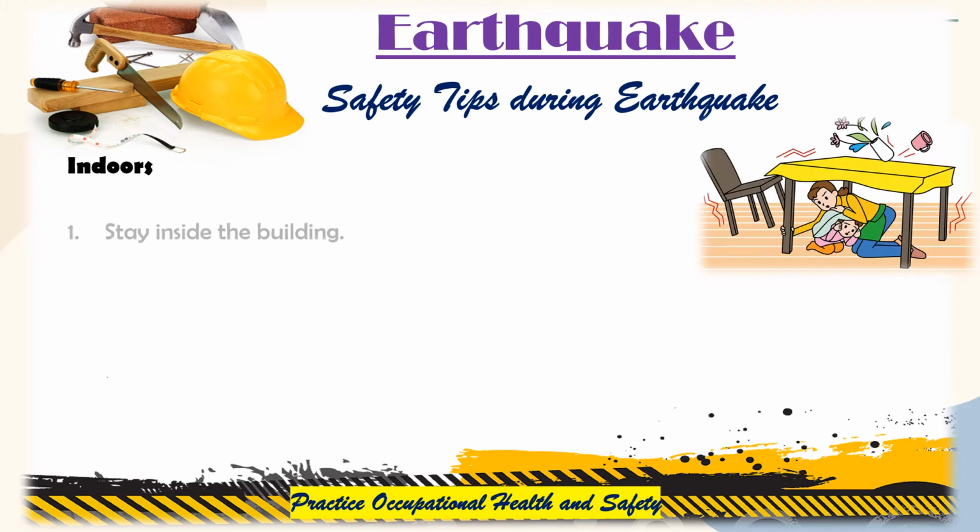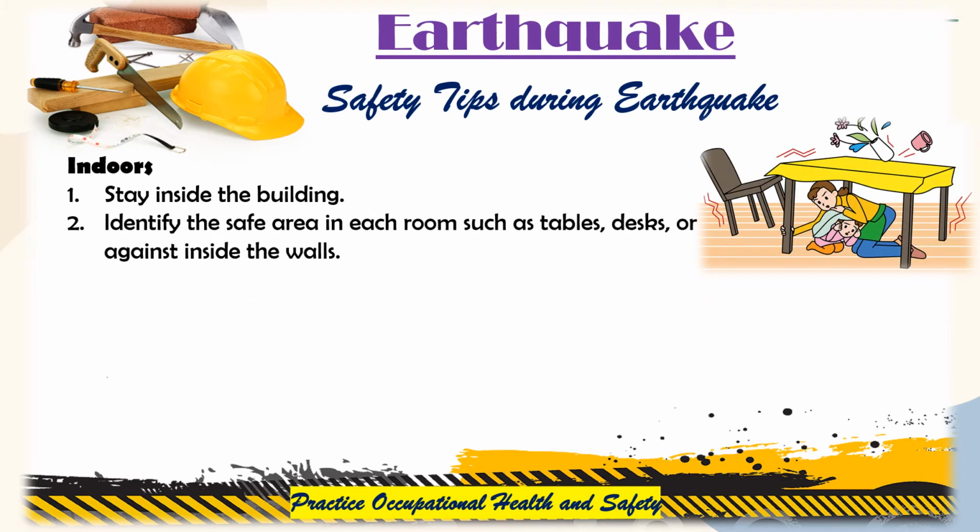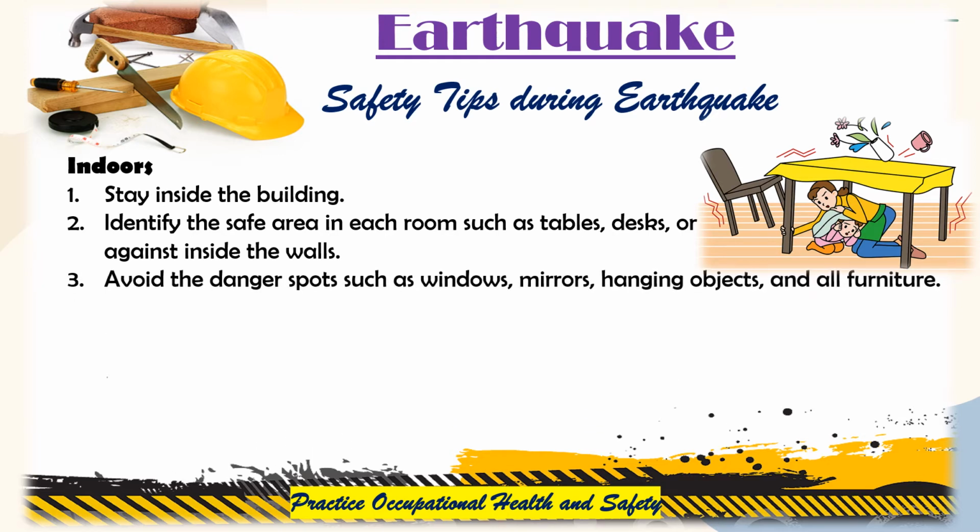So indoors, first, stay inside the building. Number 2, identify the safe area in the room, such as under tables, desks, or against inside walls. Number 3, avoid the danger spots such as windows, mirrors, hanging objects, and all furniture.